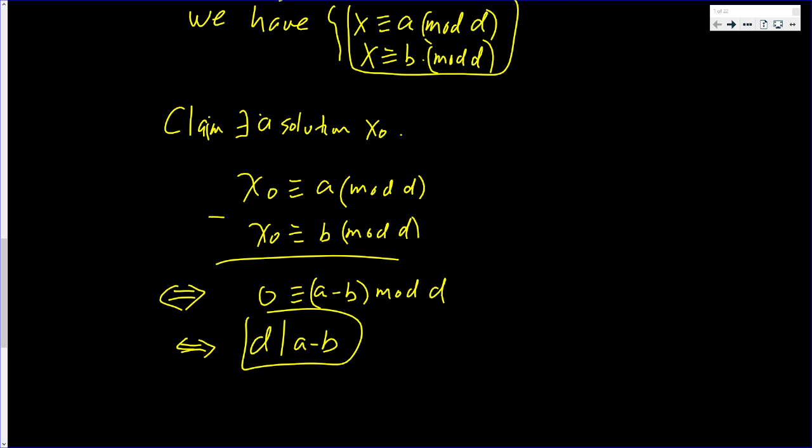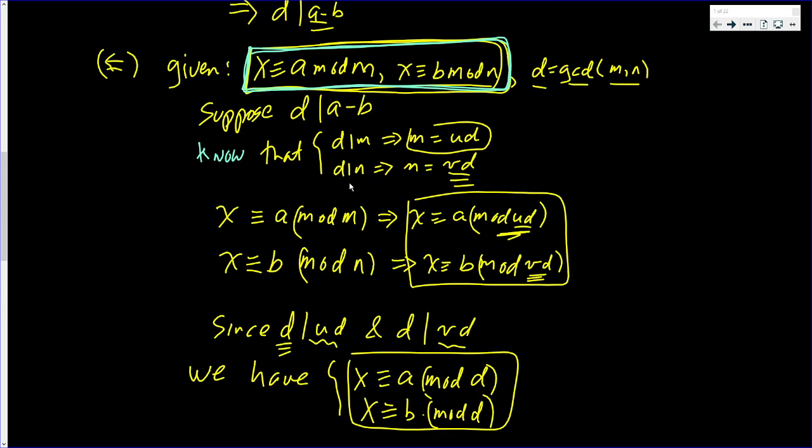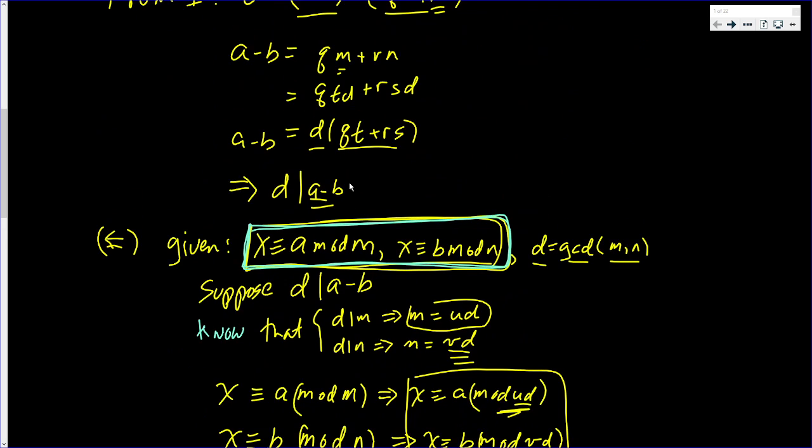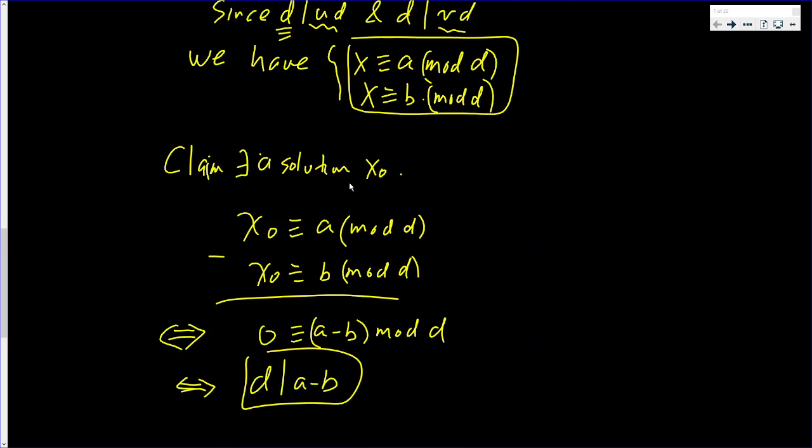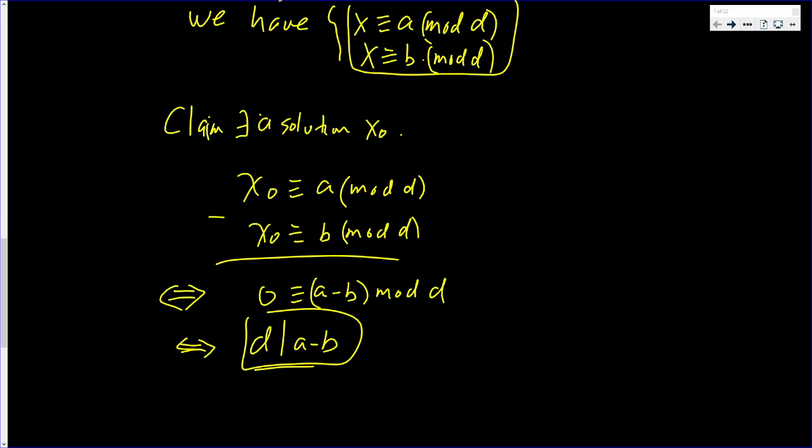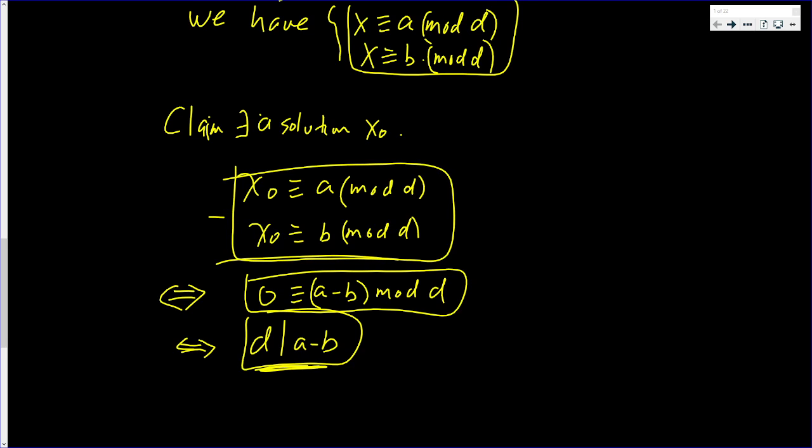Oh, don't worry. That's exactly what we were assuming. Suppose d divides a minus b. So that's a given. Well, this here implies this, which implies this. Okay, so this completes this proof.